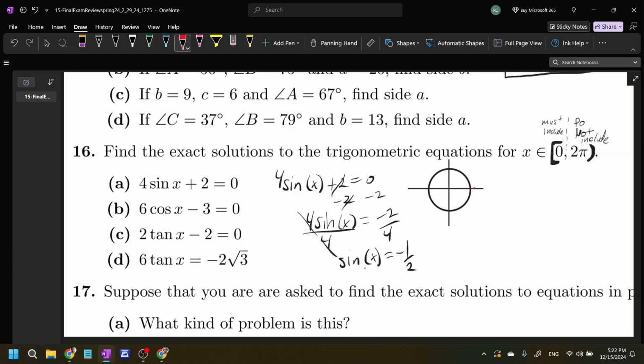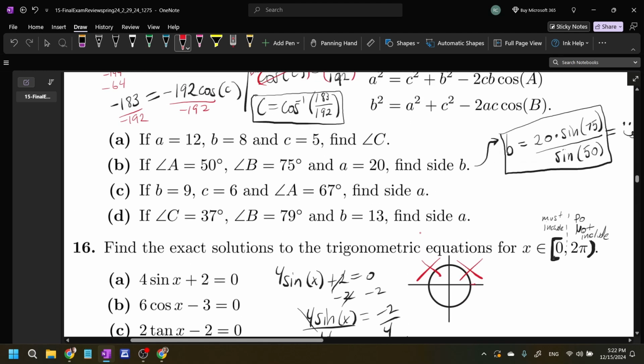Remember, cosine is the x value, and y value is sine of the given angle. So our angle must exist in quadrants 3 and 4. Right off the bat, we know it's not in quadrant 1 or 2.